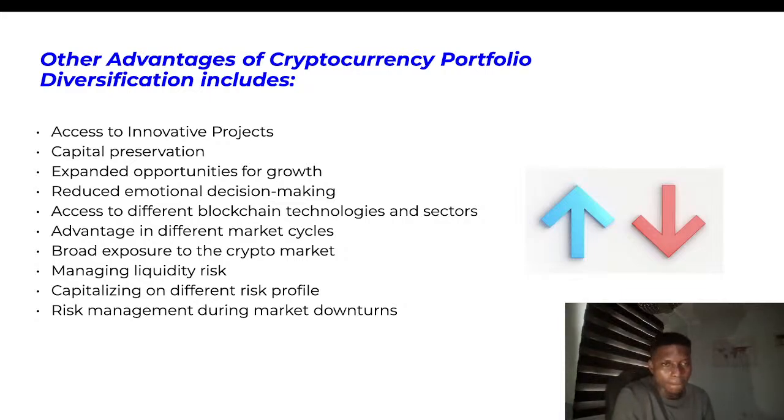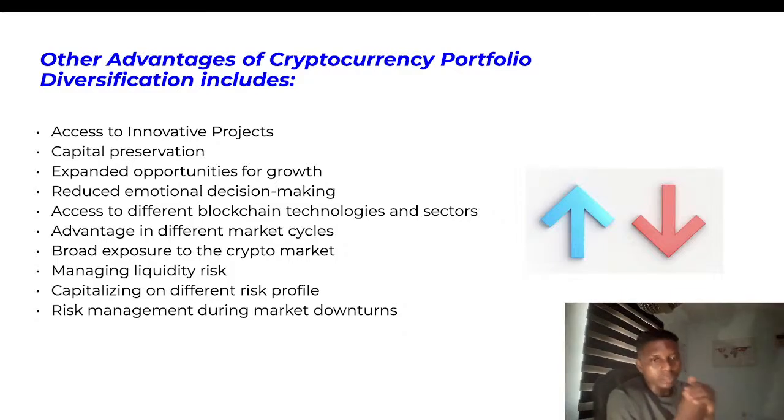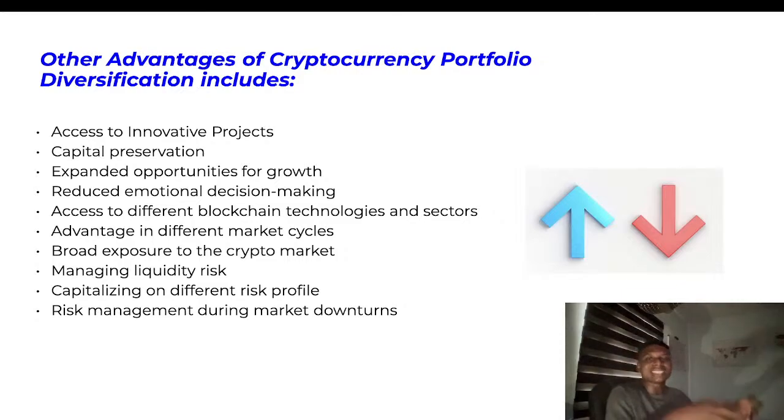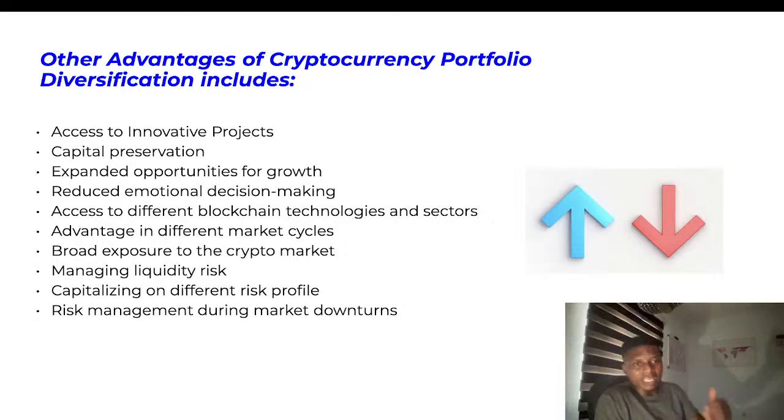Now, managing liquidity risk is also an advantage. It helps you to manage your liquidity risk, which means it helps you to stay liquid when you have your assets in various altcoins.